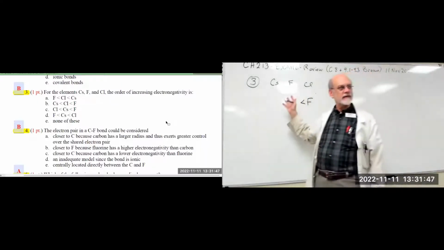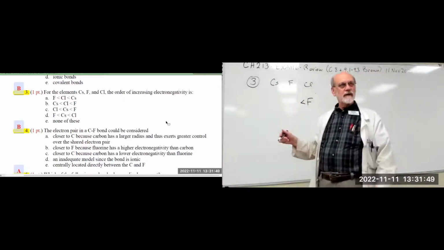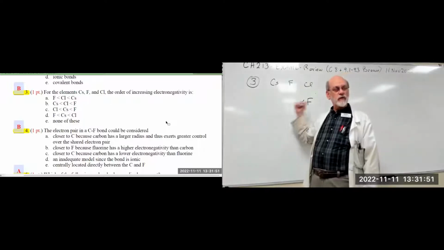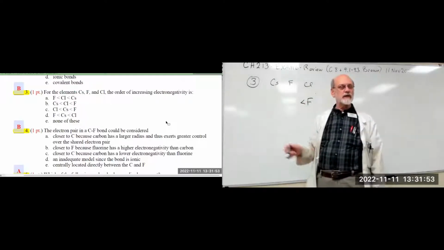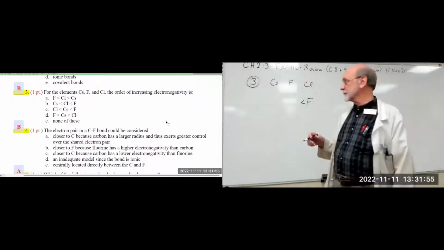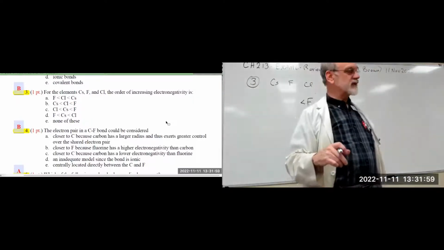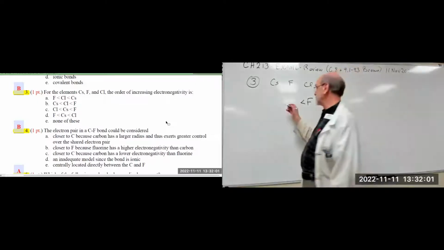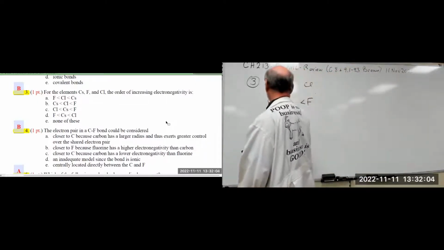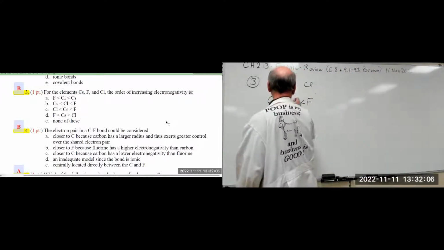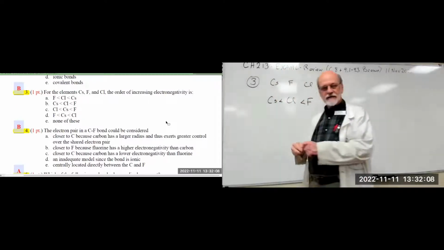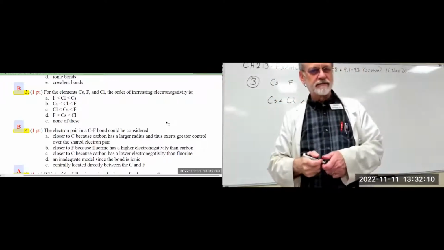Whenever I have a triplet like this, and you have to order them, I find out which one's the top and which one's the bottom, and then put the other one in the middle. So what's the least? Lower left? That would be cesium, wouldn't it? That means chlorine is in the middle. Cesium, chlorine, and fluorine.